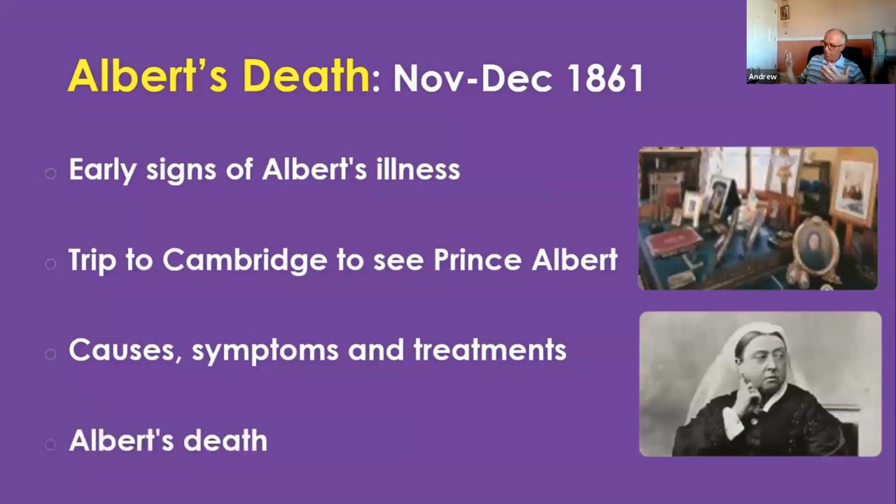That doesn't happen, and Albert's bedridden. Around early December, he's got a rose-colored skin rash, which apparently is the sign of typhoid. He's got a fever, abdominal pain, and bloody diarrhea. Now, at this point, Victoria makes a critical mistake.